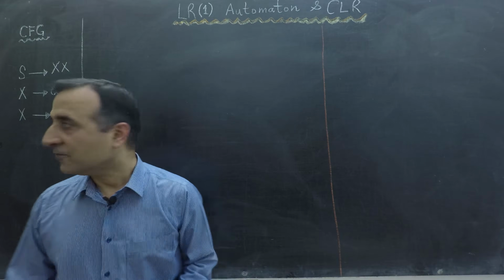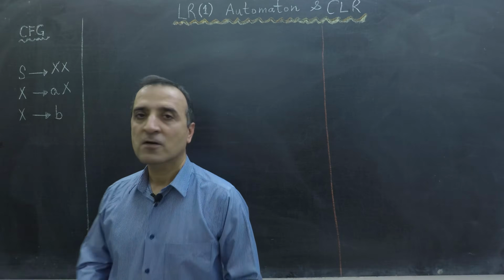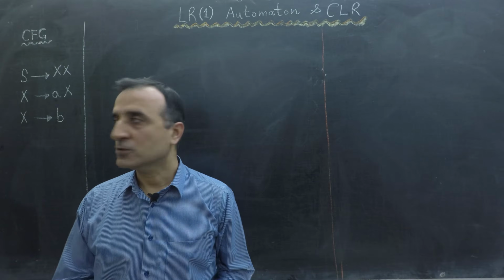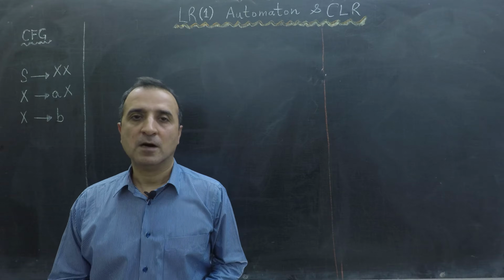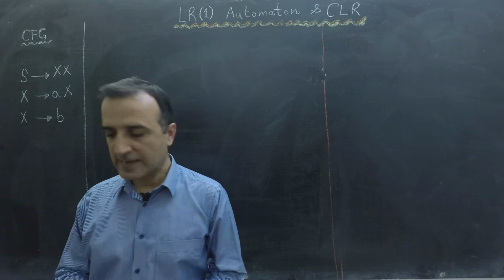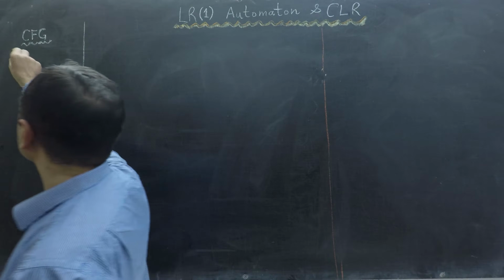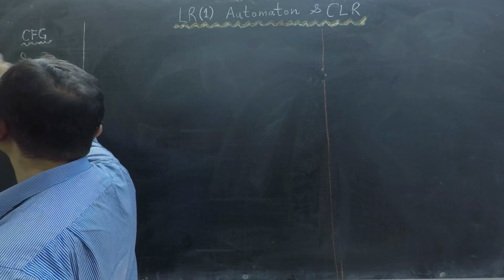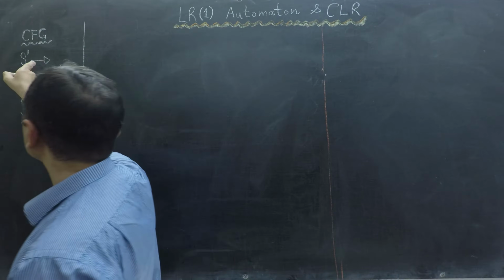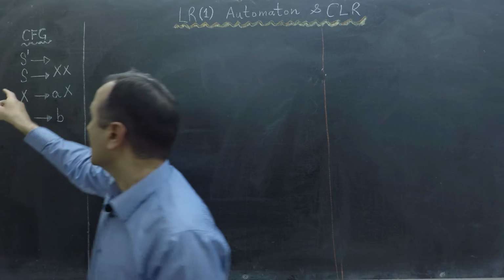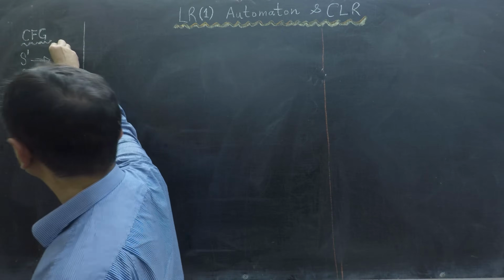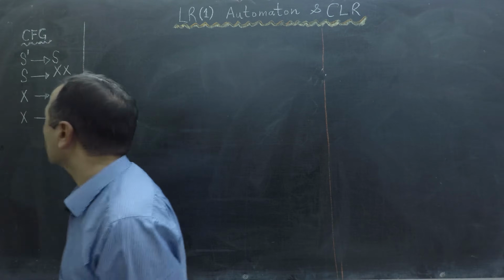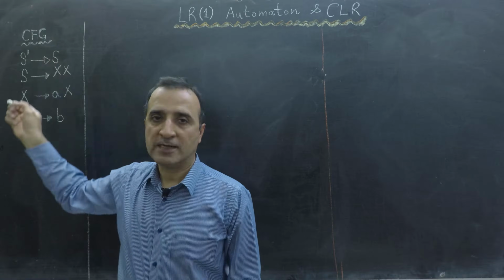So let's start with this context-free grammar. Our first step is to augment this context-free grammar with a new starting symbol S bar. So we write here S bar. S bar should point to the previous starting symbol S. So this is our augmented context-free grammar.